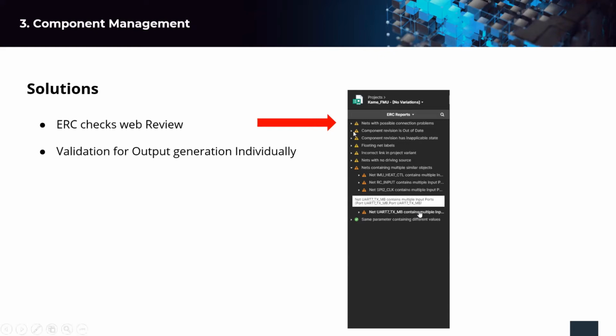You can see it here in the picture: the revision is out of date, floating net label, no driving source. All this you can see in the web browser itself. No need to have the software for this.